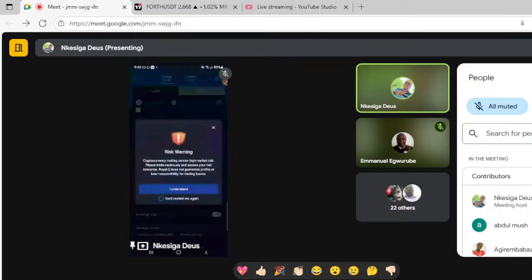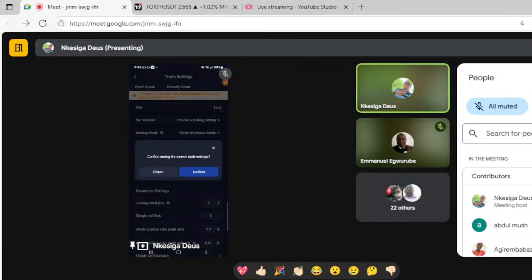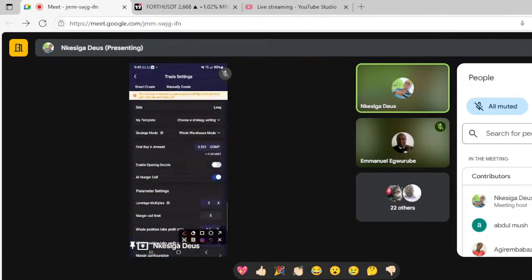I understand. Okay, now it is there. So I'm choosing long, meaning I'm buying the market. Then I come here to trade settings. The long should be at the top here for you to confirm that you are longing the market. Are we clear?